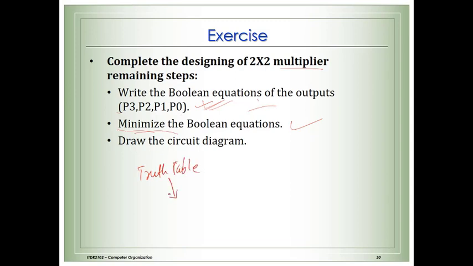Then from this truth table, you will write Boolean equations. Then you will minimize or simplify these Boolean equations.